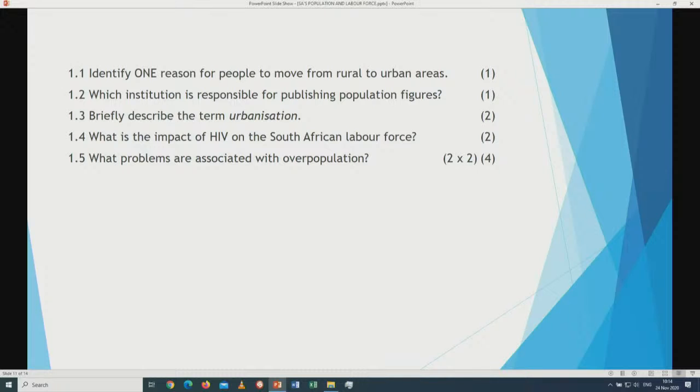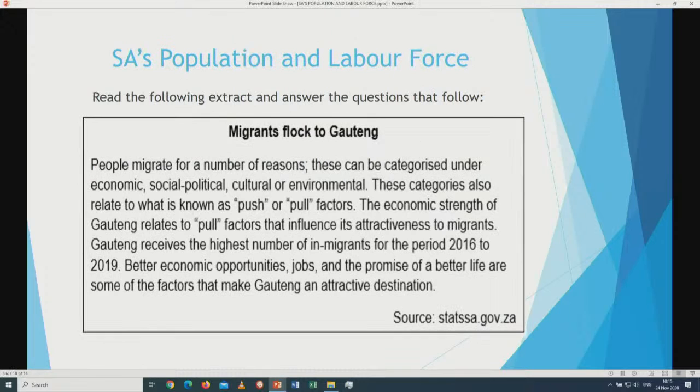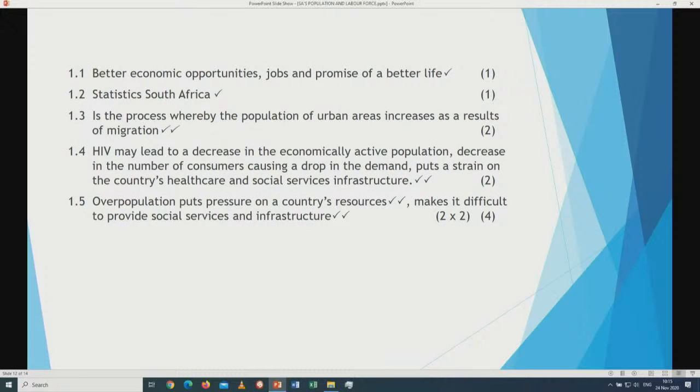Let's go and answer the first question. 1.1, identify one reason for people to move from rural to urban areas. According to the extract, when you go back to the extract, they give you reasons for people to move from their place to Gauteng. Now let's look at the response to the question.